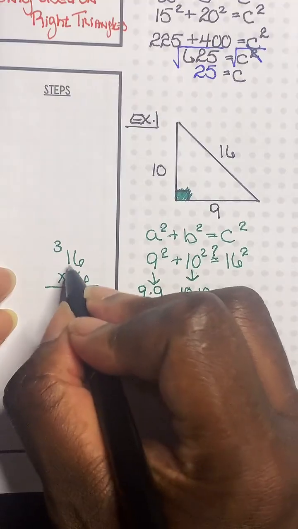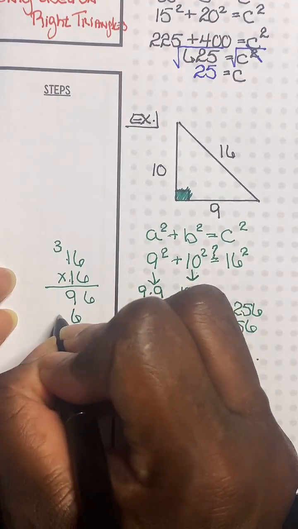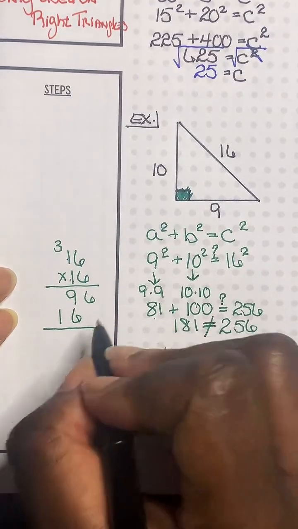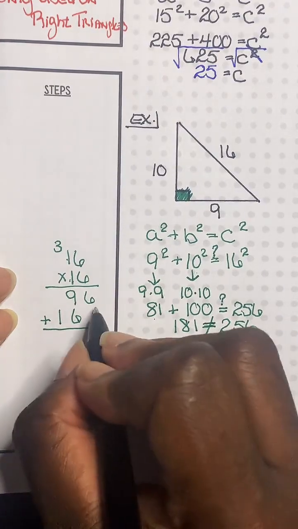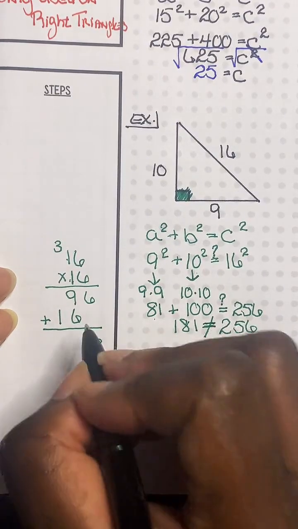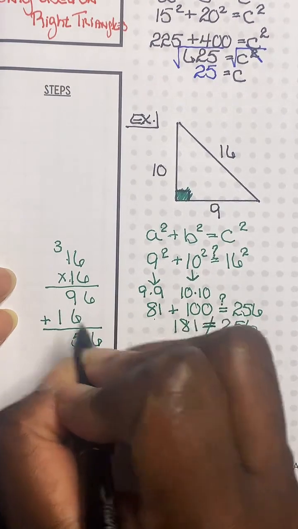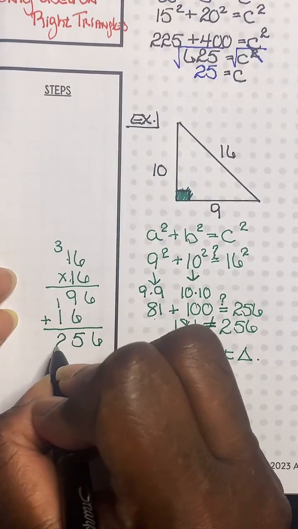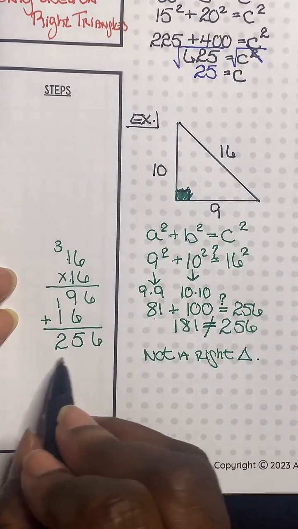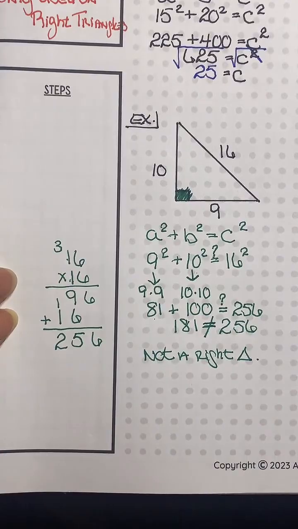Then 1 times 6 and 1 times 1 give me 6 and 1. Then we're going to add. Bring down our 6. 9 plus 6 gives me 15. Carry the 1, gives me 2. So that's how we got our 256.